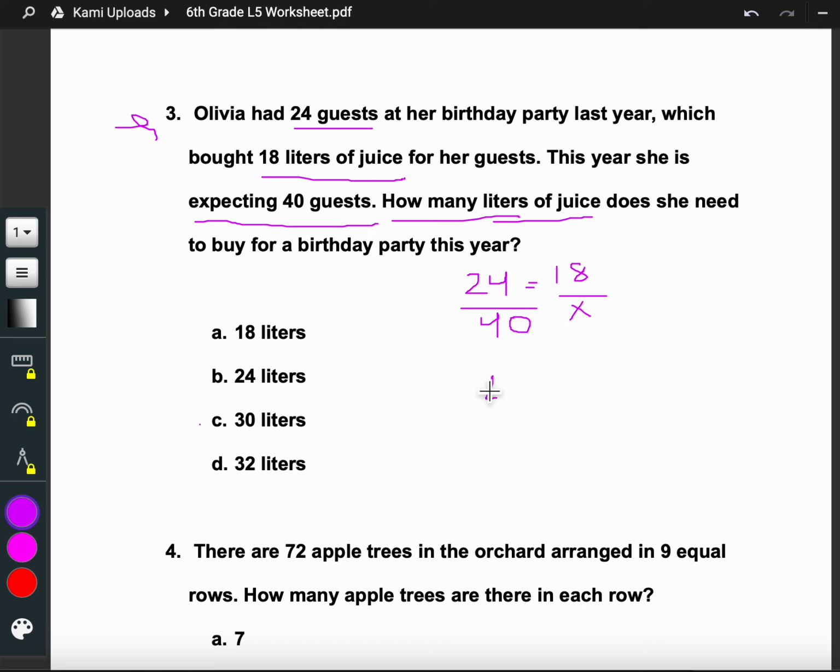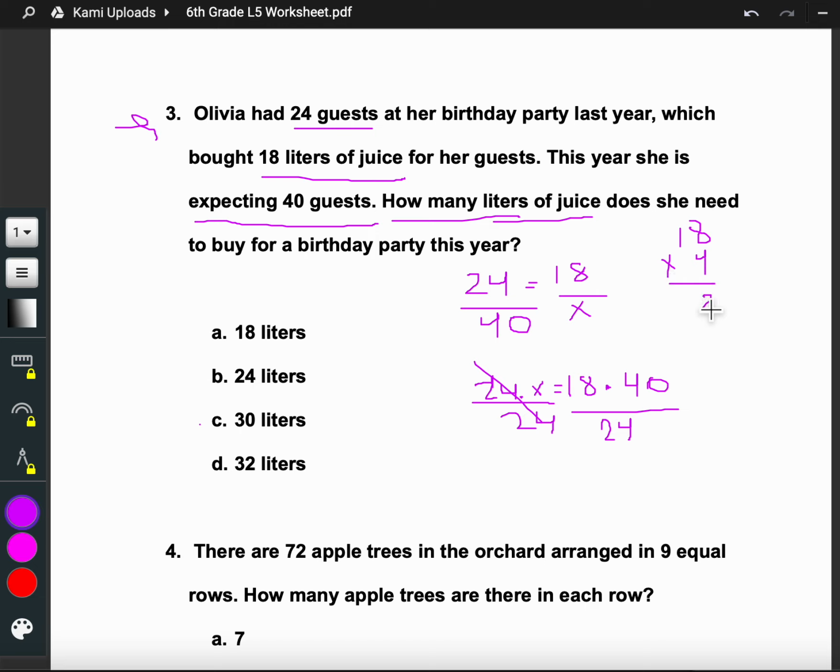And it's going to be 24 times X equals 18 times 40. Okay, so that equals X. That's a multiplication sign, not minus sign. Okay, and then we have 24. Quickly, we can do some multiplication in an easy way. We can just do 18 times 4.